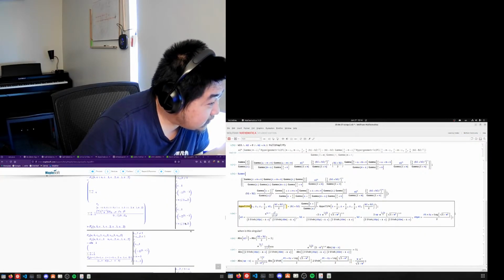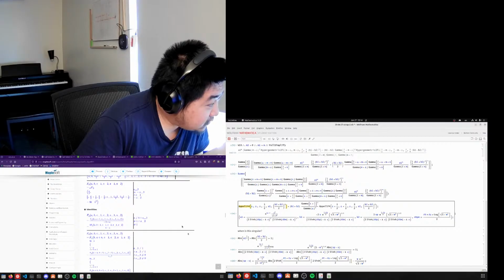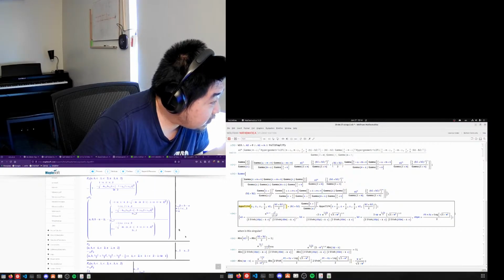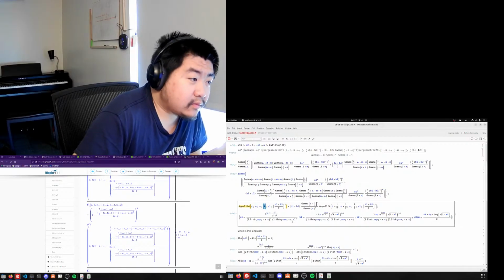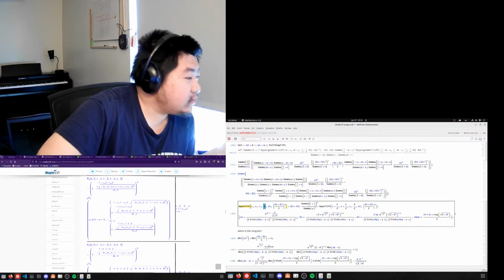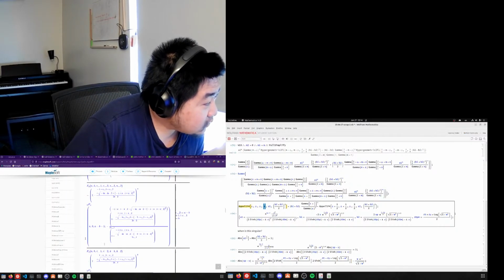Very close. When delta is large, this should be true except for order 1 constant. B minus A plus 1. So close. So very close.